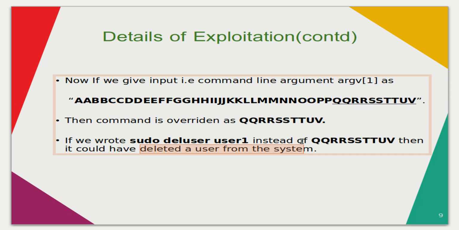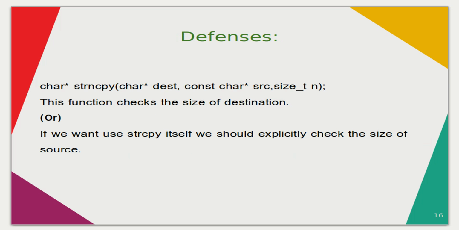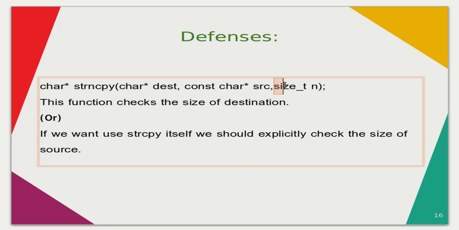That is how heap overflow of the memory works. To defend from heap exploitation from string copy, we should use strncpy, which checks the size of the argument that it is going to copy. The first mechanism is using strncpy, and the second mechanism is to check the length of the variable that we are copying with strcpy.